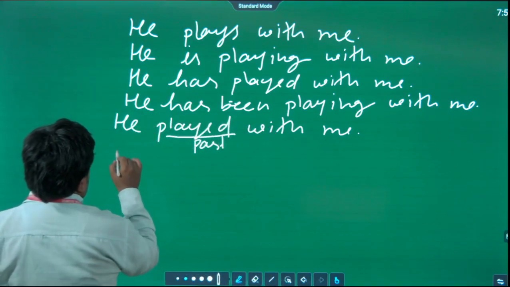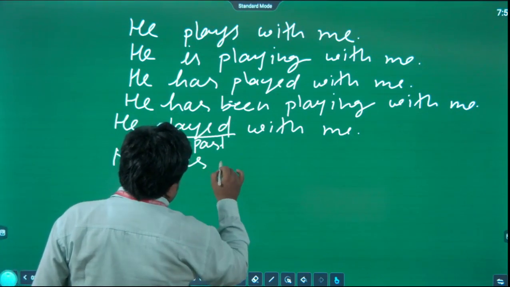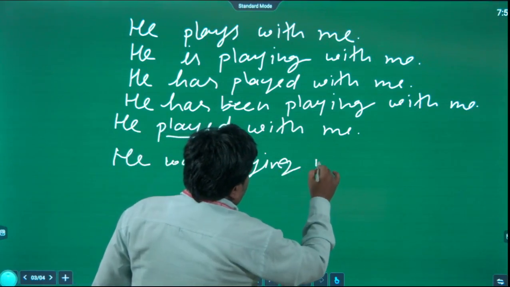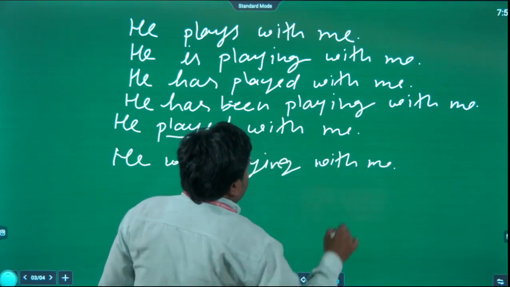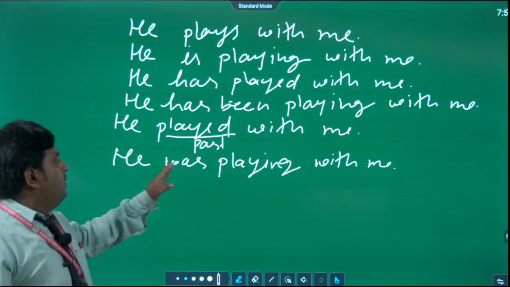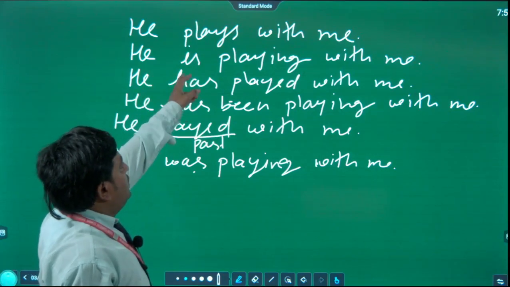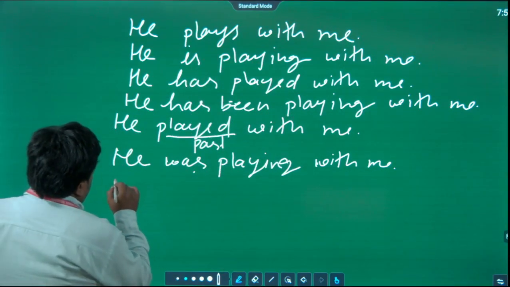And for the continuous tense, he was playing with me. As helping verb here you can see was or were used, but in the present continuous tense is, am, are are used.